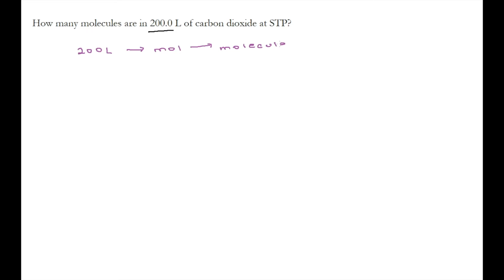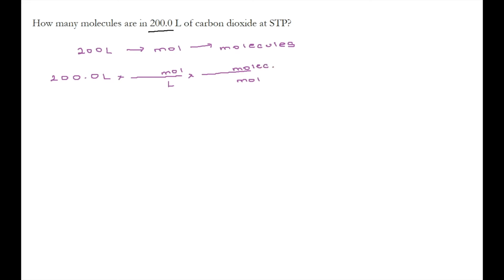So let's set up the stoichiometry for that. I have 200.0 liters. I'm going to get out of liters by putting liters on bottom, moles up top. Now I'm in moles, awesome, but I want to get into molecules, so I'm going to put moles on bottom and molecules up top.